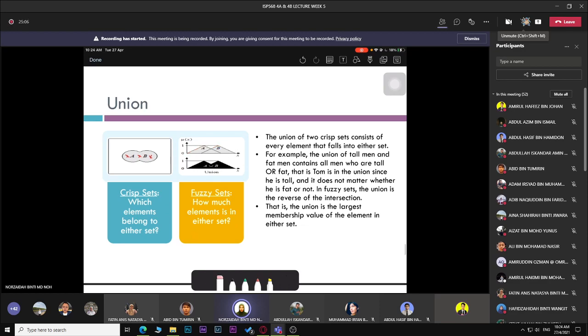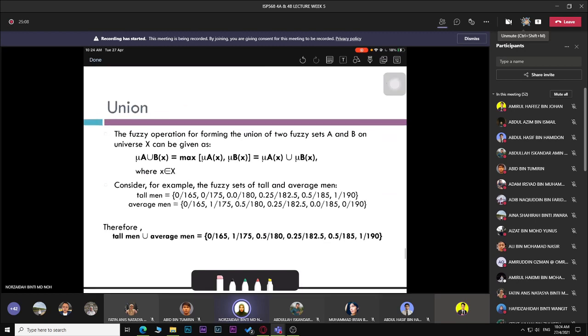Alright. So how do we calculate the degree of membership? It is the same as intersection, except that intersection finds the minimum, while for union you use the maximum value. So if there are two values, for example here, 165, 175, 180, 182.5, 185, 190.